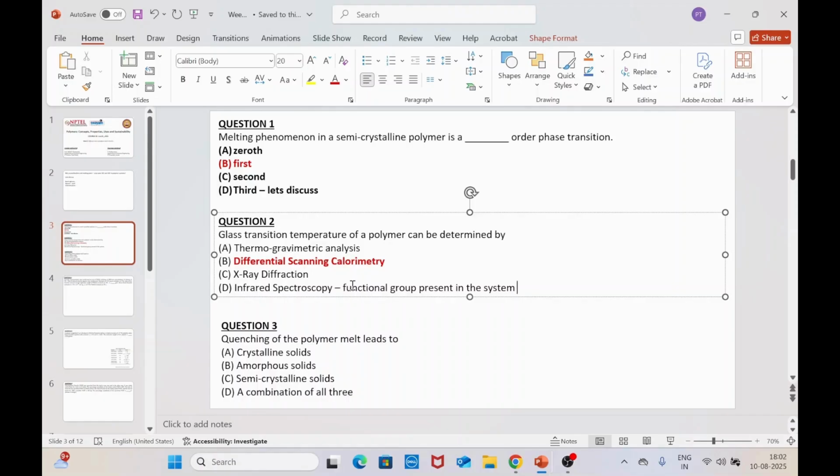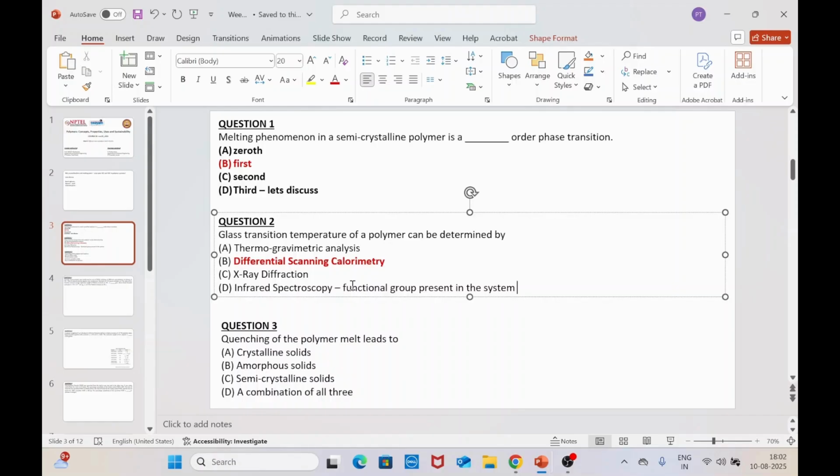That's a mathematical function, and we get it in the form of a plot of transmittance or absorbance of these IR rays versus the wave number, and depending upon the positions of the peaks, we can identify what kind of functional groups are present in the system.